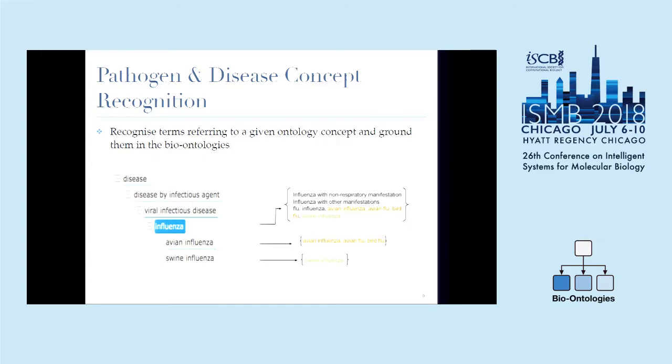For example, if you find the explicit mention of swine influenza in text, by using the ontology relation, swine influenza is also an influenza, given that it is an influenza subclass, so we propagate the annotation to influenza. And influenza is a viral infectious disease, so we propagate the annotation to that class all the way up to the disease.